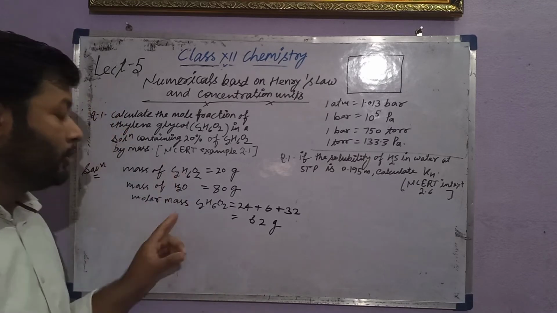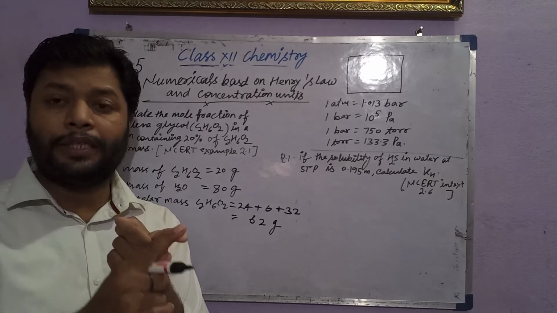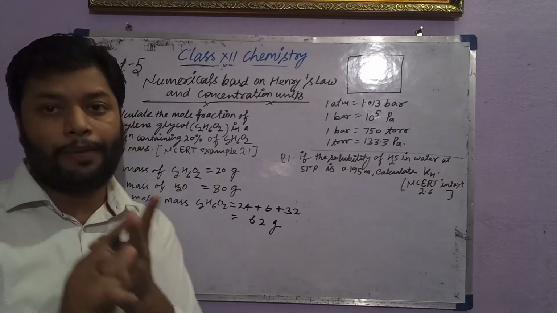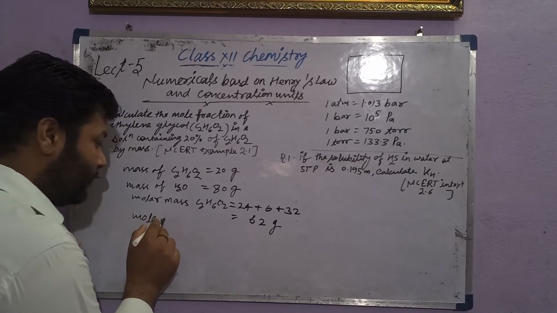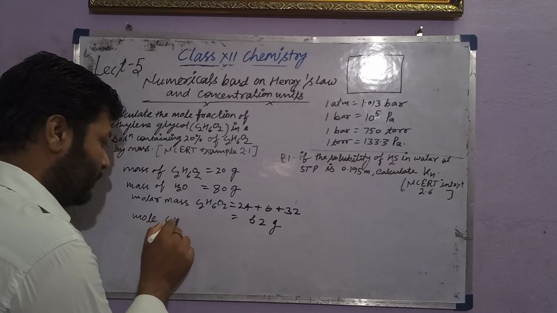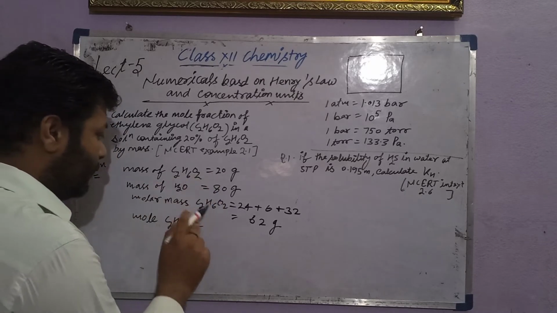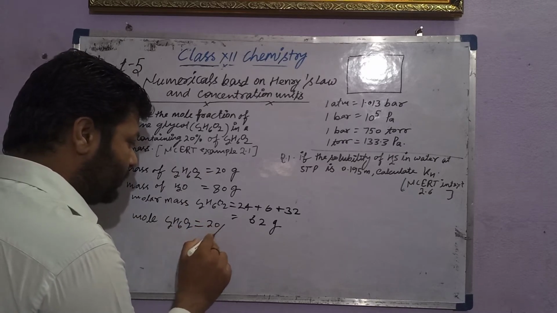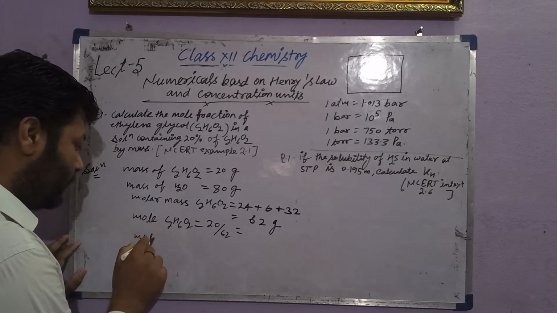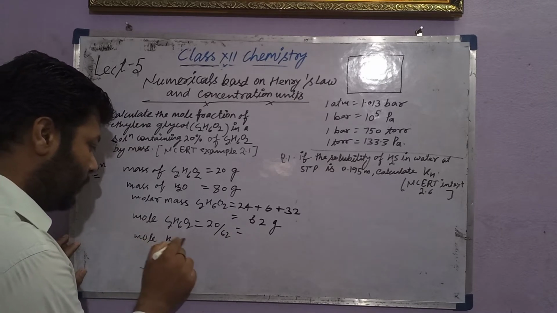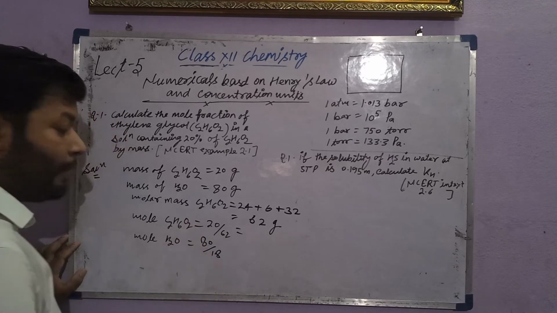Fine. Okay, fine. So to calculate mole fraction, you need the mole of the solute as well as the mole of the solvent. So first we have to calculate the mole of solute. Mole of solute means mole of C2H6O2. So mole will be given mass upon molar mass, 20 out of 62. Calculate the value. Mole of water will be given mass upon molar mass.